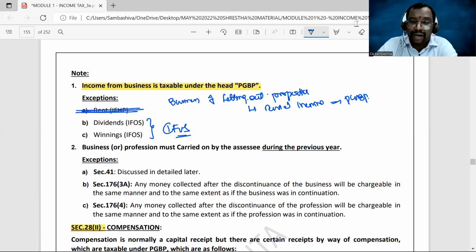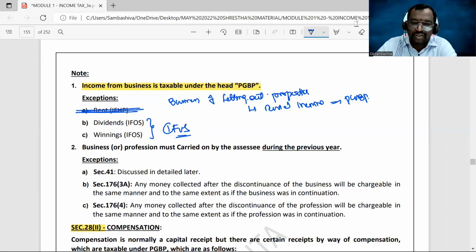Next, winnings from betting, gambling, lotteries, crossword puzzles, all these are taxable under the head income from other sources only. Sir, I am a professional gambler. Whatever income I'm getting from gambling, since I'm a professional, will it be taxable under the head PGBP? No. Gambling income is always taxable under the head income from other sources only. Are you following or not?